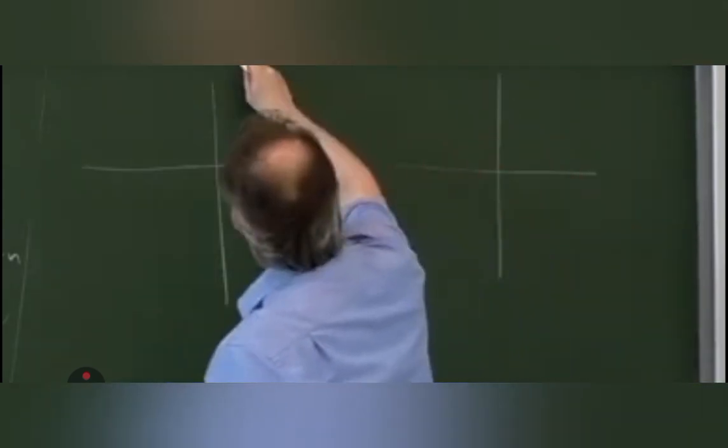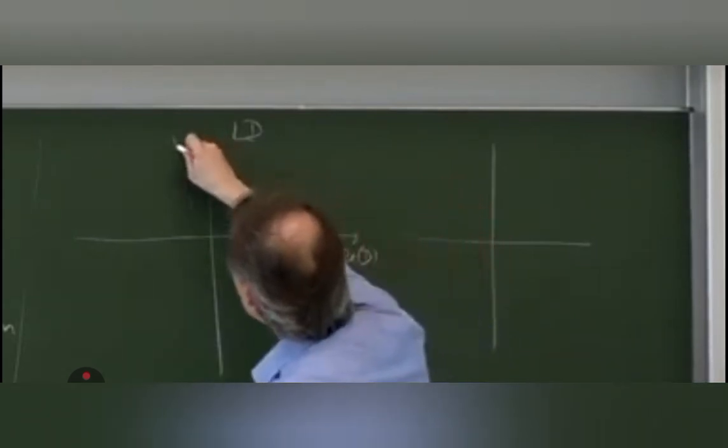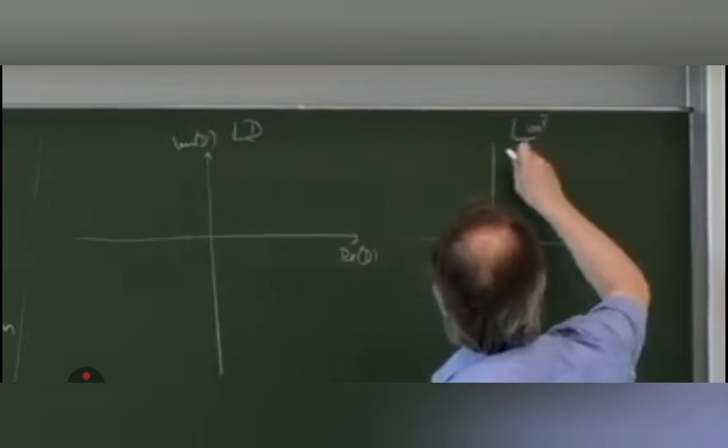Here we have the complex plane of D, real part of D, imaginary part of D, and here the complex plane for m square, real part of m square and imaginary part of m square. Then we can at least visualize the different properties.